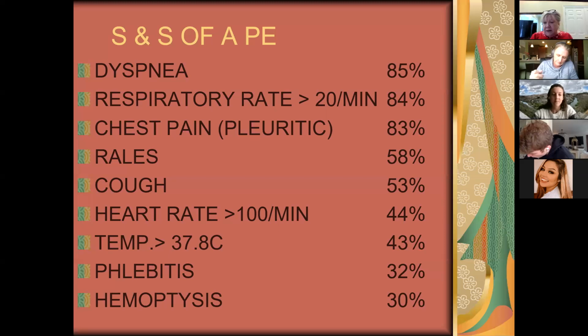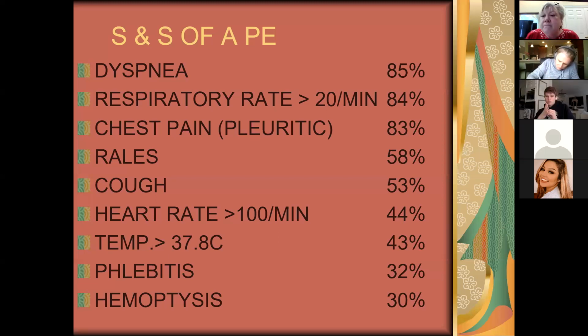How about Boudreaux? Okay, Abigail, Whistler. What else besides it increasing with deep breath? What else is a sign of pleuritic chest pain? How do I know the difference between pleuritic chest pain and cardiac chest pain?